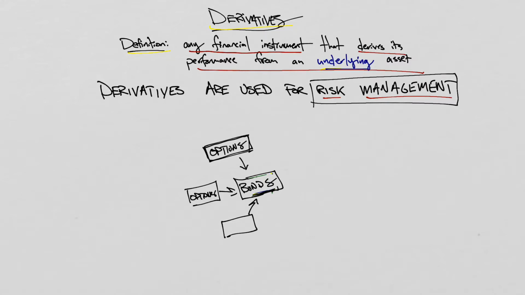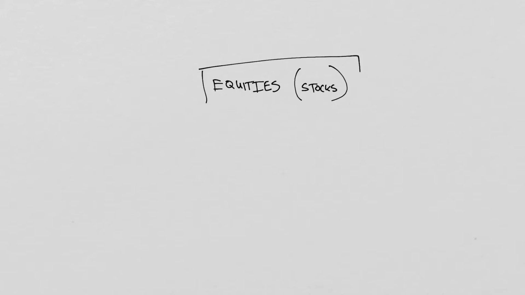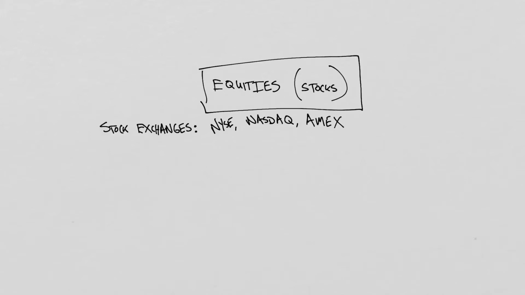As far as options are concerned, however, in the United States, when we look at equities, stocks, well, these equities are traded on stock exchanges: NYSE, NASDAQ, Amex. You may be familiar with these exchanges already.